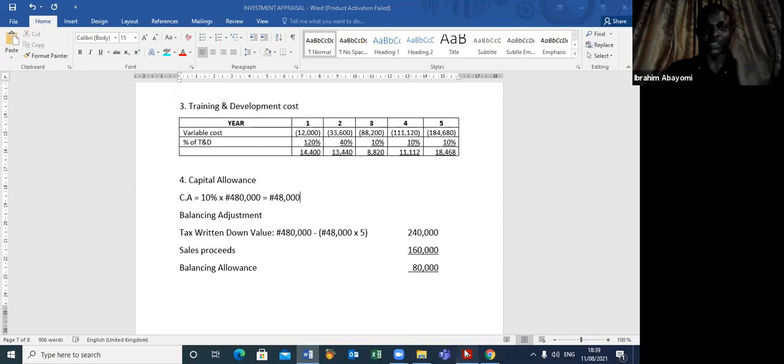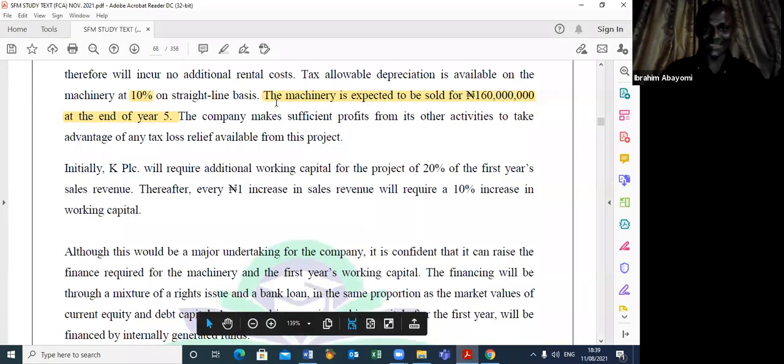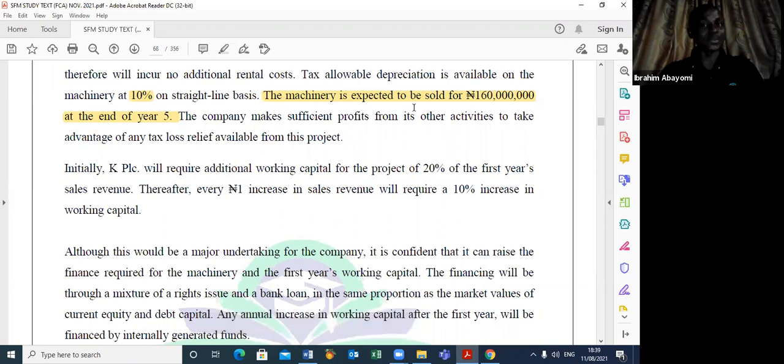This is the situation here. That's why I highlighted this. If you look at this, the question says the machinery is expected to be sold for 160 million at the end of year 5. The question did not mention anything regarding tax. If that is the case, you will compute balancing adjustment.